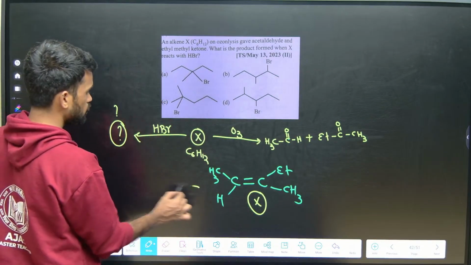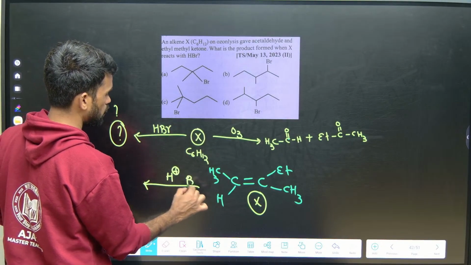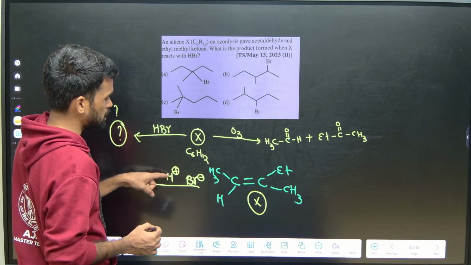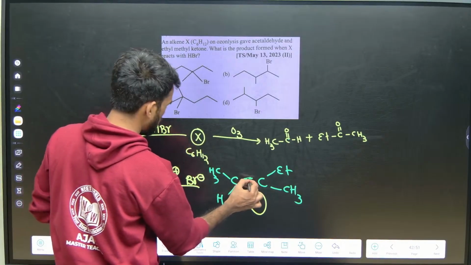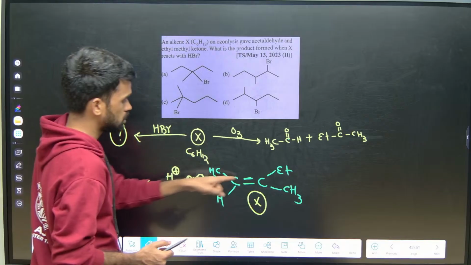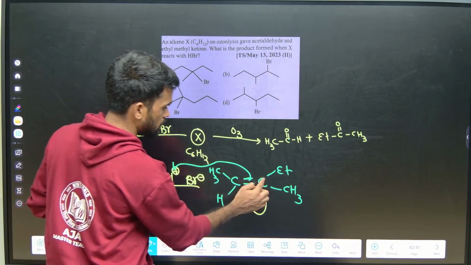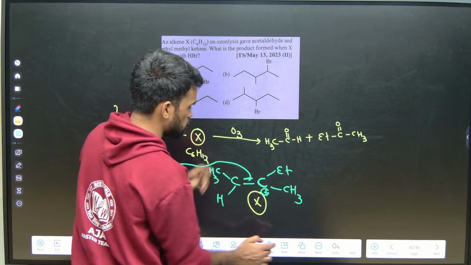Compound X is treated with HBr, meaning H plus and Br minus. This is an acid, it releases H plus ion, taken by the double bond of the alkene. The pi bond will take this H plus, but where will the positive charge be? Hydrogen will be taken by the double bond from this side, generating a tertiary carbocation, so the positive charge is here, and there we can add the bromine.